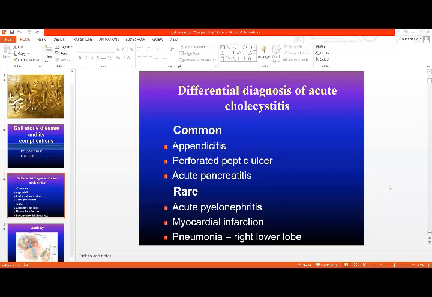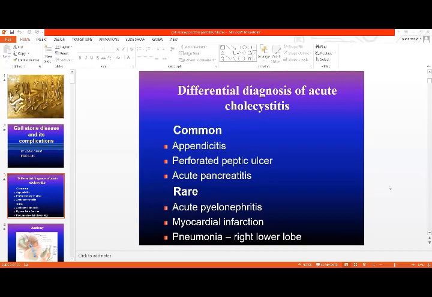Other issues with the gallbladder: sometimes it's just accumulation of mucus, called mucocele of the gallbladder. If that mucus gets infected and turns into pus, you call the condition empyema of the gallbladder.